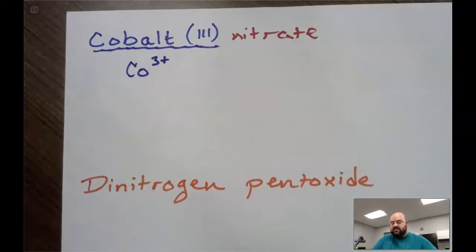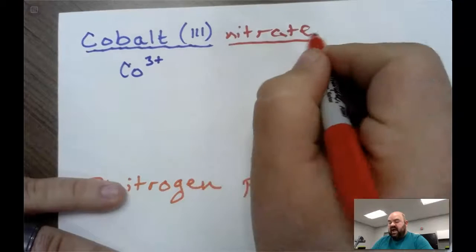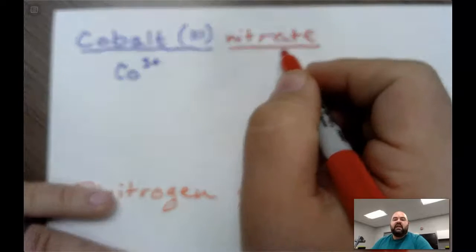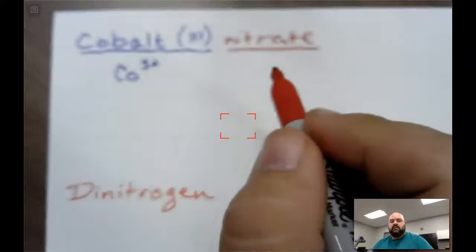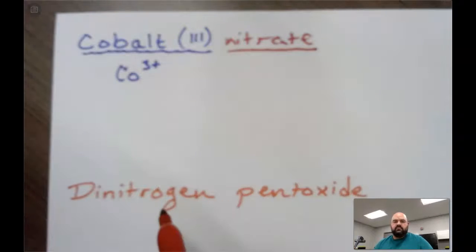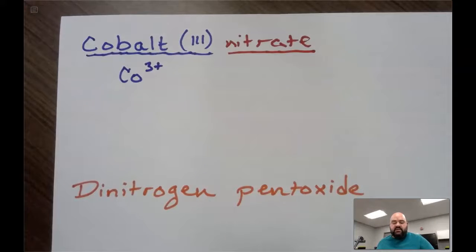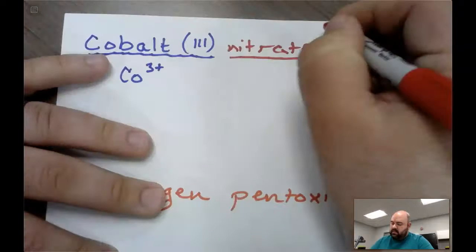But then I come to this nitrate. Sorry, I'm using a new document camera, so it keeps thinking things are out of focus. It doesn't end in ide, so it doesn't come directly from an element. It ends in ate, which is a dead giveaway that it's a polyatomic ion.